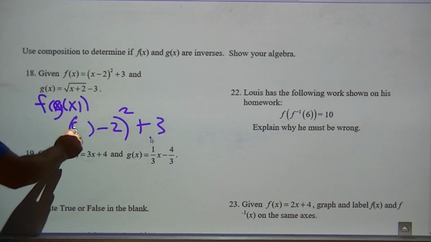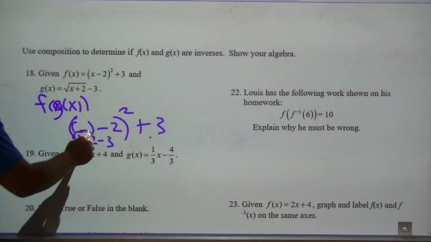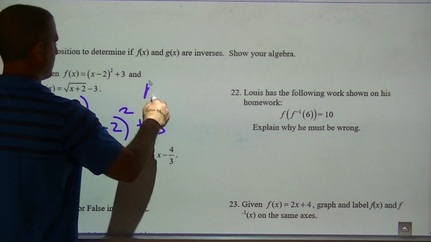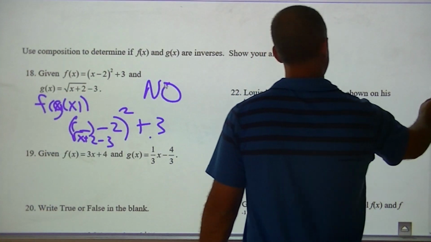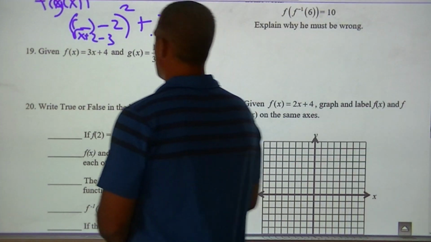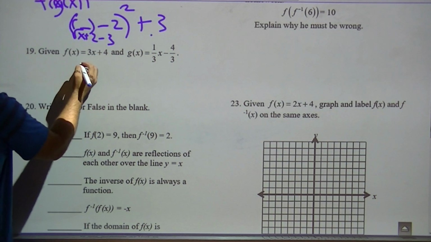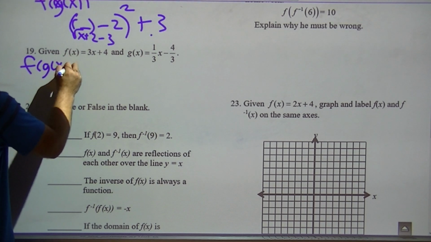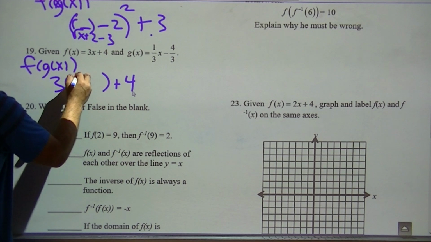If you put in the square root of x plus 2 minus 3, this would not cancel out, so this would be no. This one, very simply, if you did composition, f of g of x, we start with f. We put g.